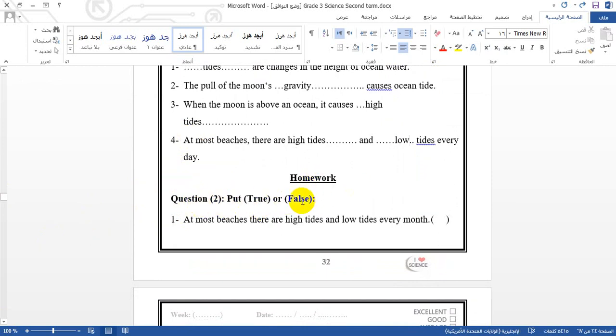Before we start solving question number 2, don't forget to write here tide and low.